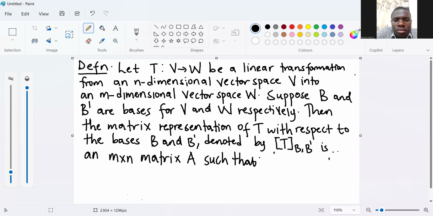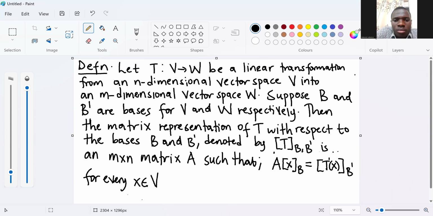And this is the matrix that we are going to be establishing, such that for every x in V, like that.